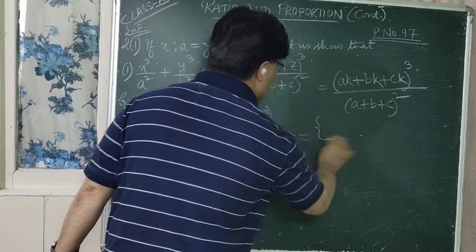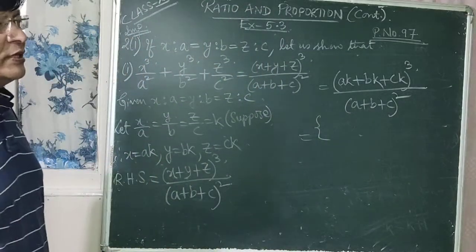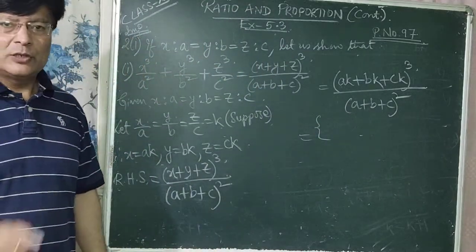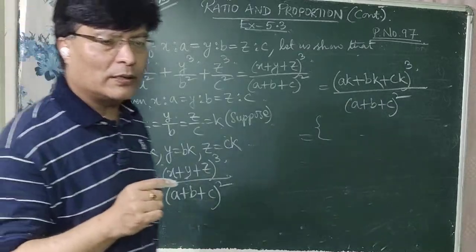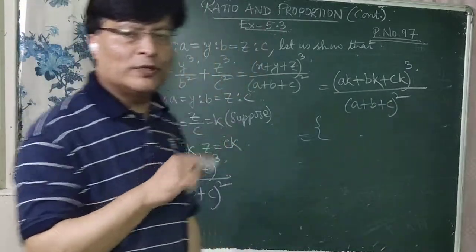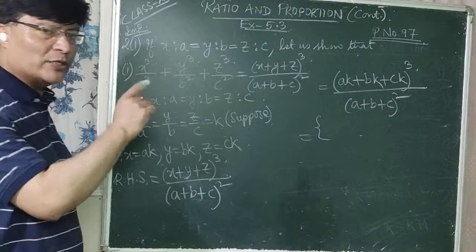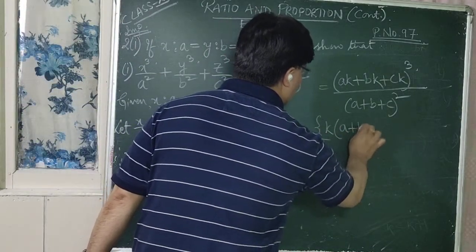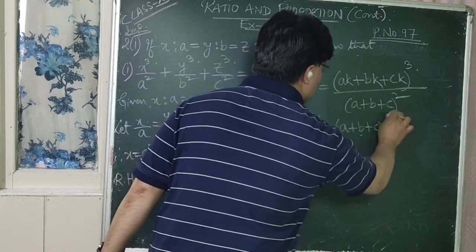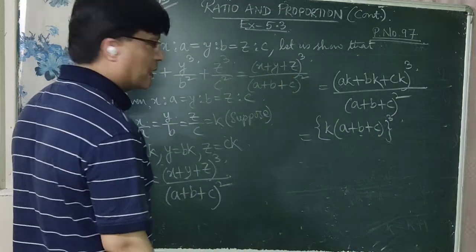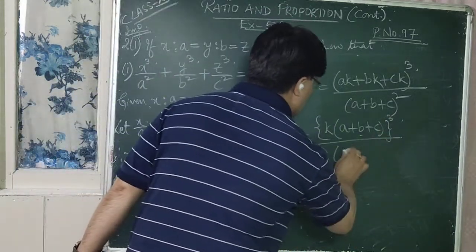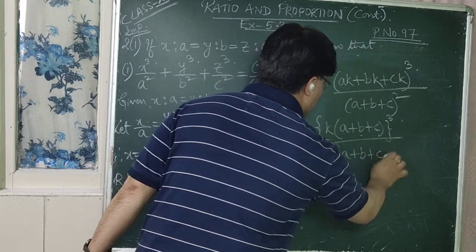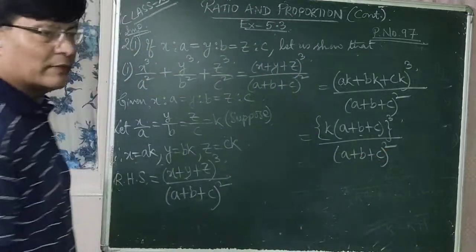So now let us take common within the whole cube. Within the whole cube, what is common there? K. So within the first bracket we have A plus B plus C, second bracket close, whole cube, right? Whole divided by (A plus B plus C) whole square, right?